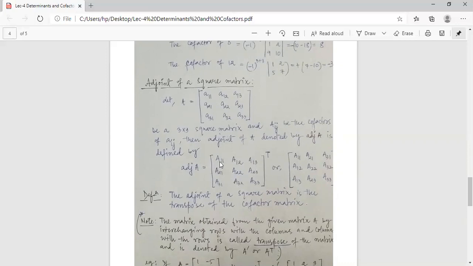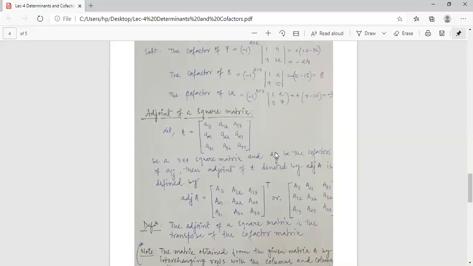We know that the cofactor of small a11 is denoted as capital A11. This is the cofactor of a11, this is the cofactor of a12, this is the cofactor of a13. So in this way we can find the cofactor of every element of the given matrix.